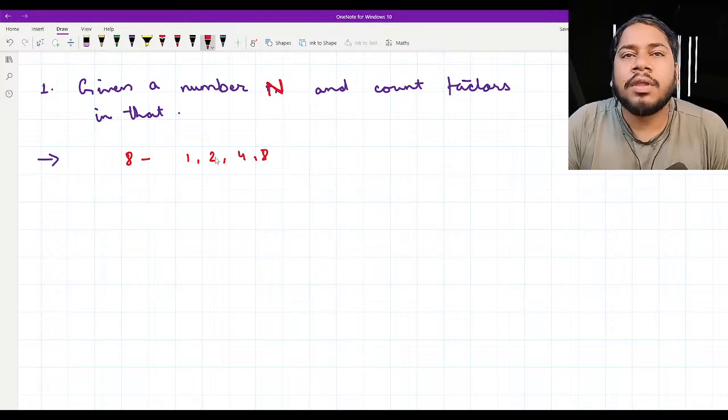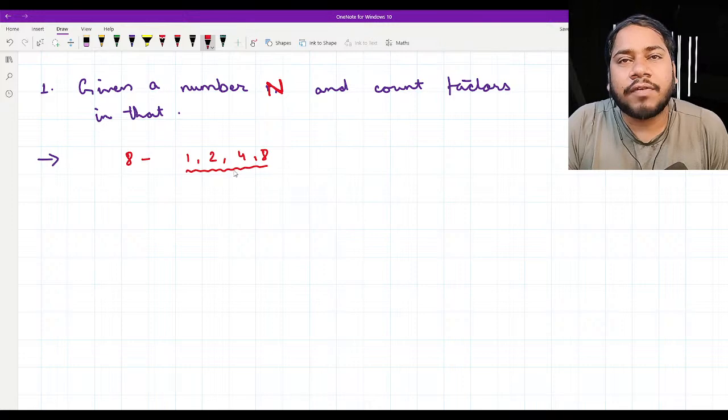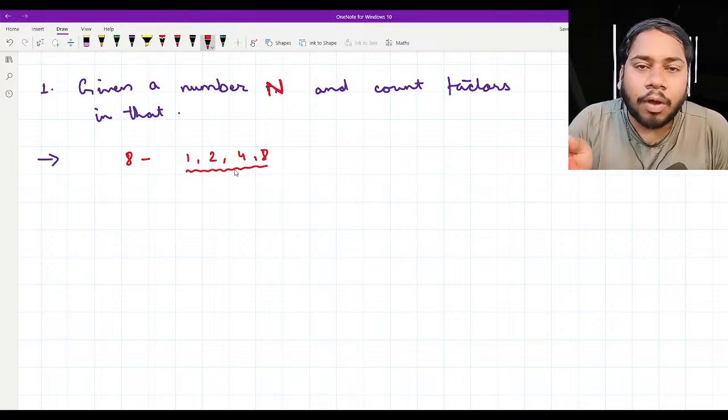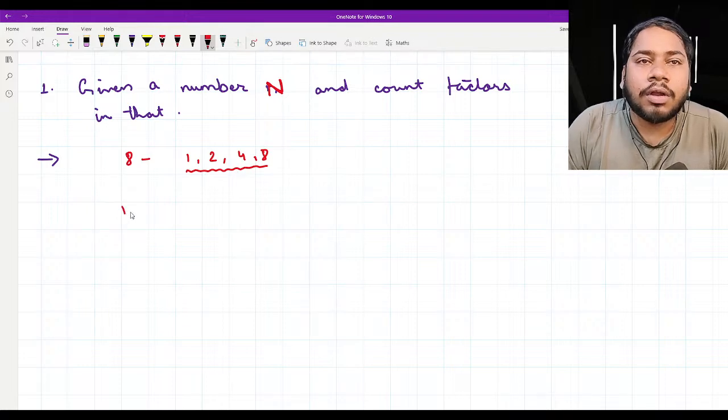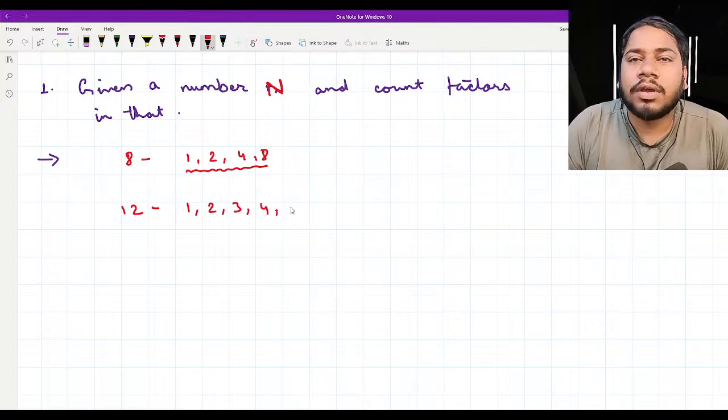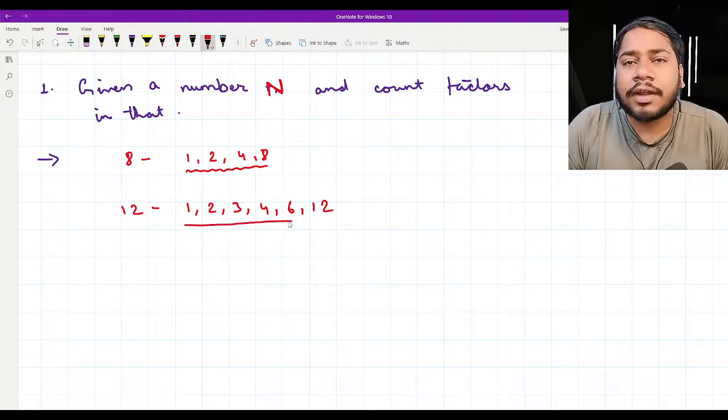These are the numbers which can divide 8. This problem we have already discussed in the previous classes, so if you have not done that, please go and check it out. For 12, the factors are 1, 2, 3, 4, 6, 12.